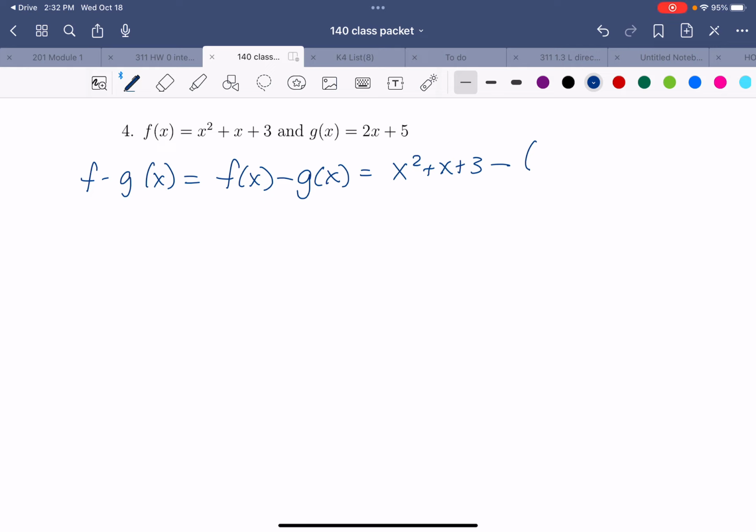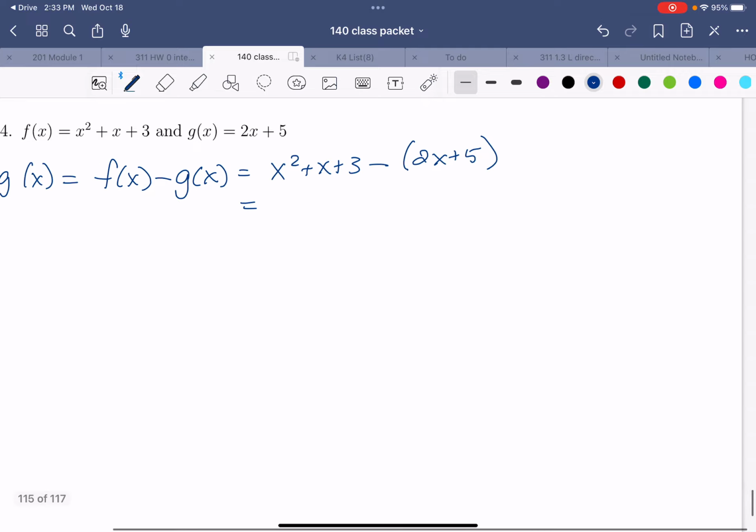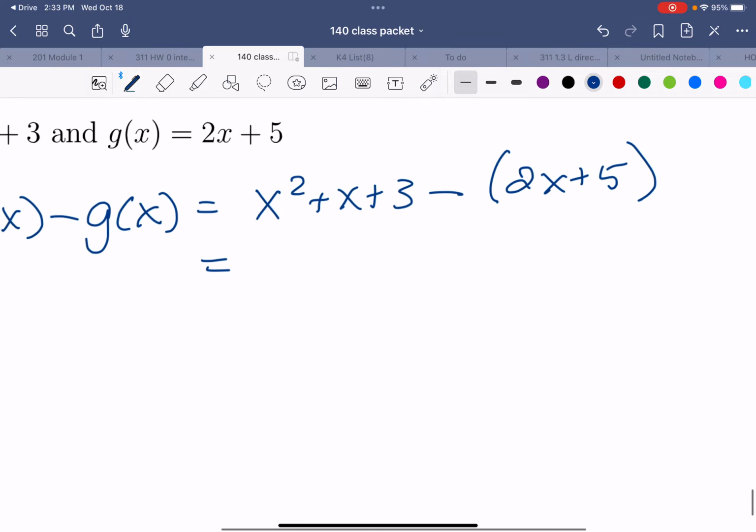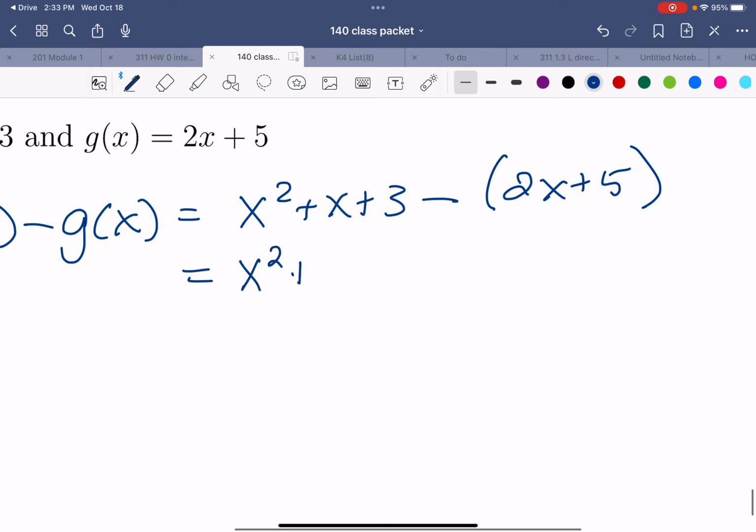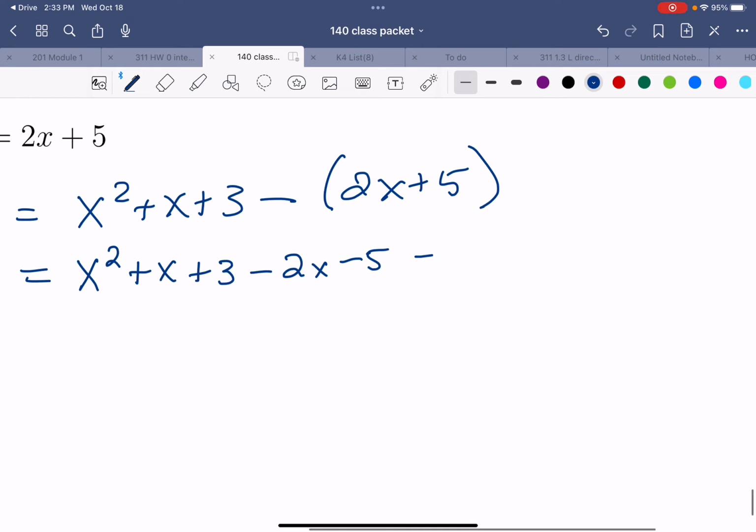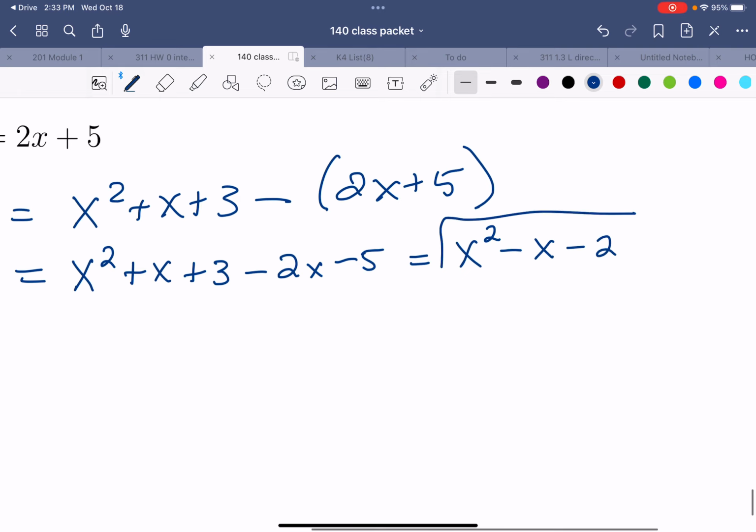And there's two terms in g, so we're going to put it in parentheses. And we've got 2x plus 5. Go ahead and distribute that negative. That's going to give us x squared plus x plus 3 minus 2x minus 5. And that's going to give me a final answer when I combine my like terms of x squared minus x minus 2.